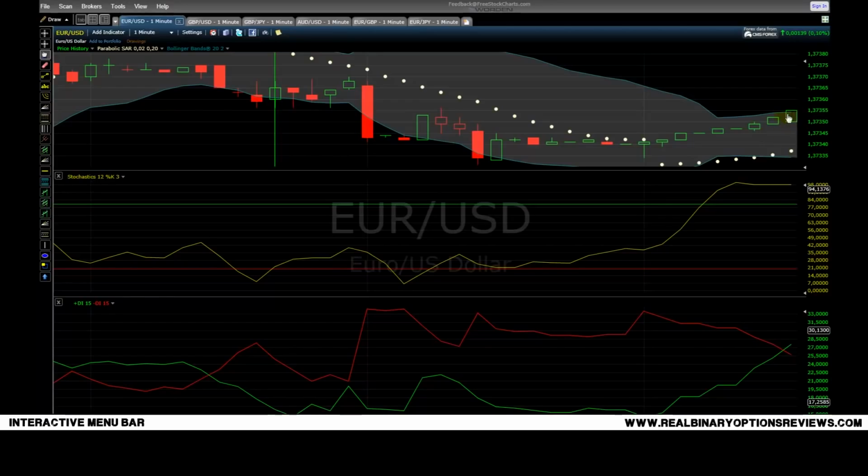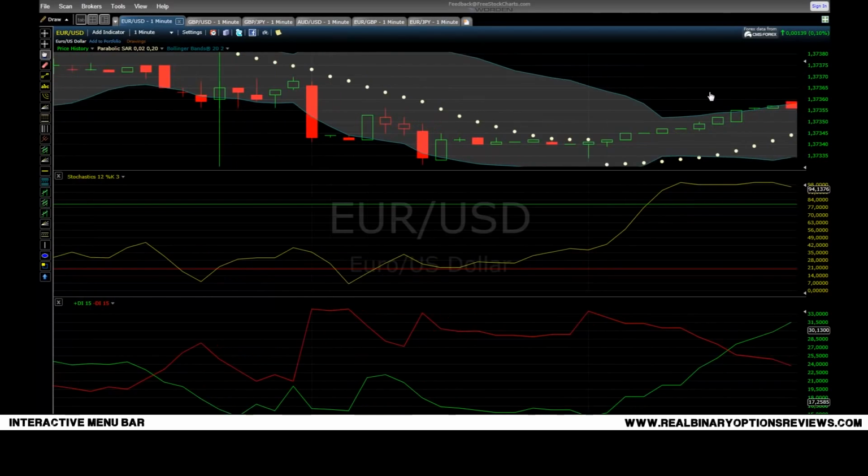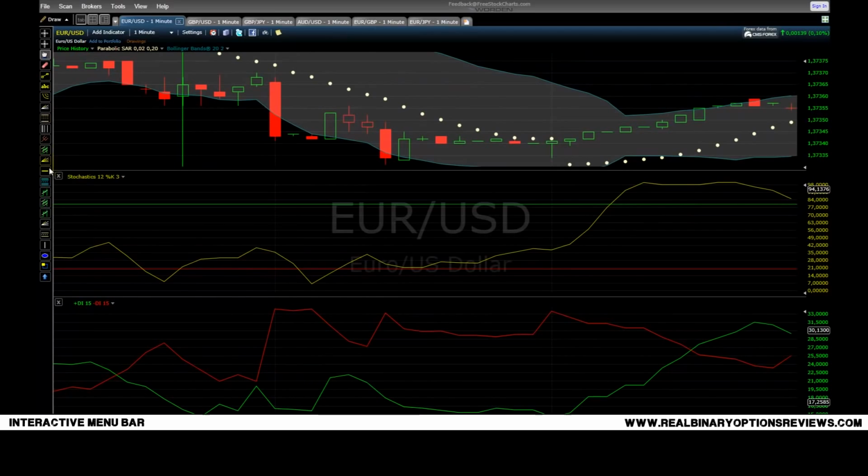It didn't close so nicely above the Bollinger Band, but the other thing is you can see stochastic was constantly very high at the level 94 here. So let's say I would enter on the closure of this candle for the price to go down with 5-minute expiry, and let's say 1, 2, 3, 4, 5, and it just expired on my entry level, because I entered here, and you can see here's a small thin line, and it just expired on the level of my entry.